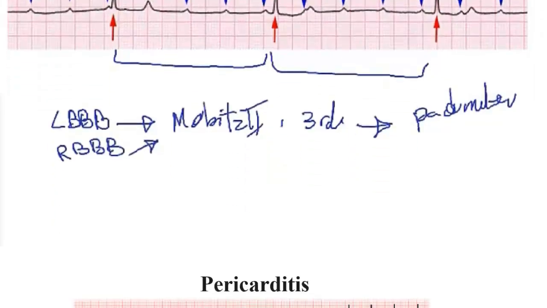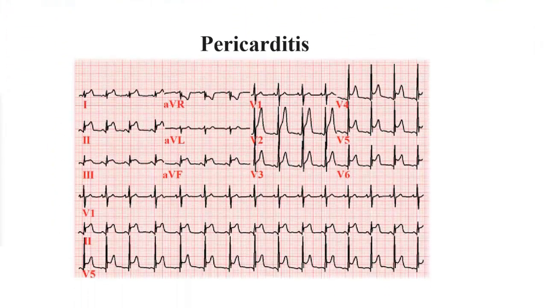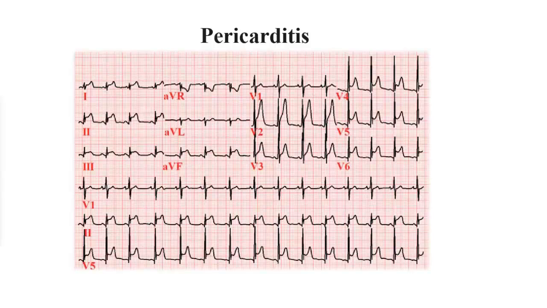Alright, next I would like to discuss pericarditis, which we have briefly touched upon earlier in the lecture. The pericardium is a fibroelastic sac that surrounds the heart and helps it function properly. With pericarditis, which refers to the inflammation of the pericardium, these patients present with chest pain.